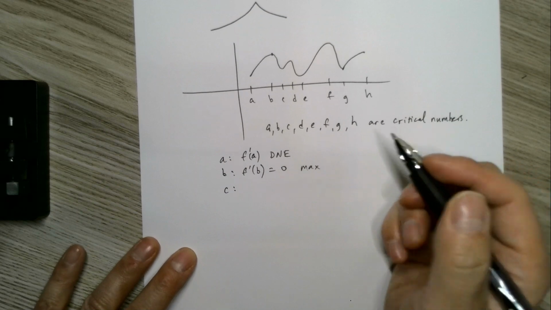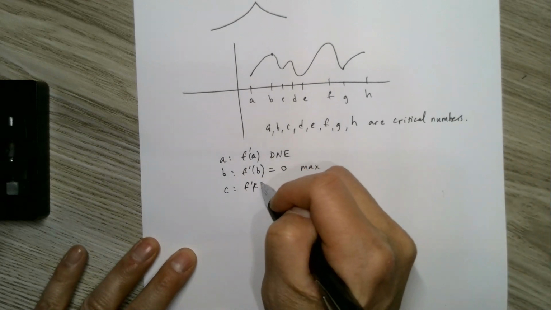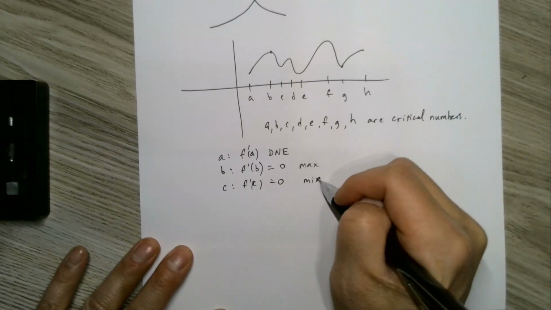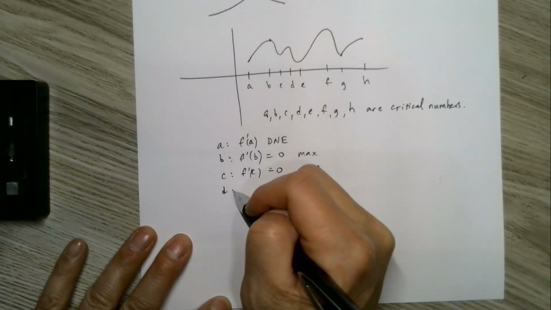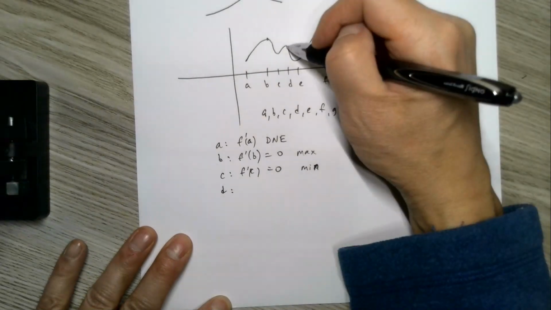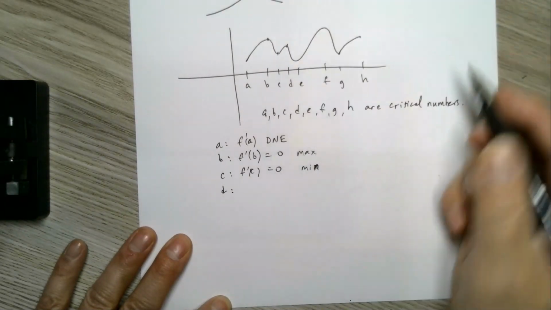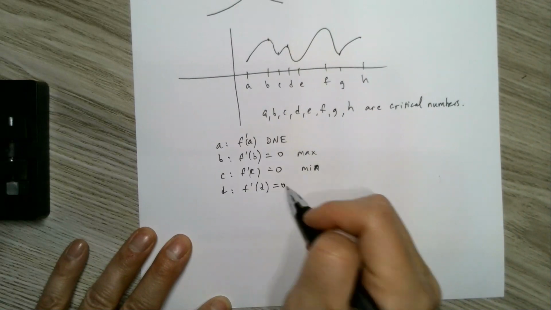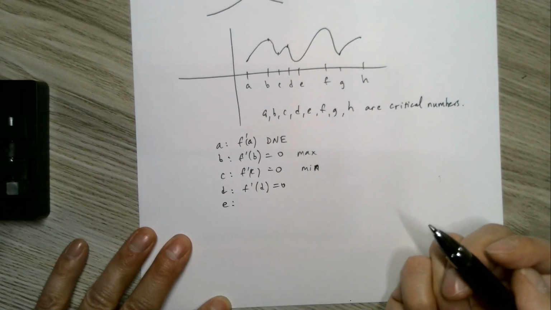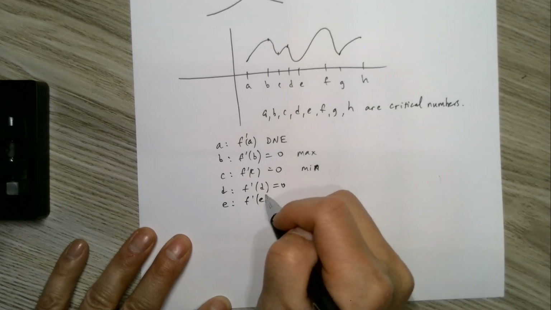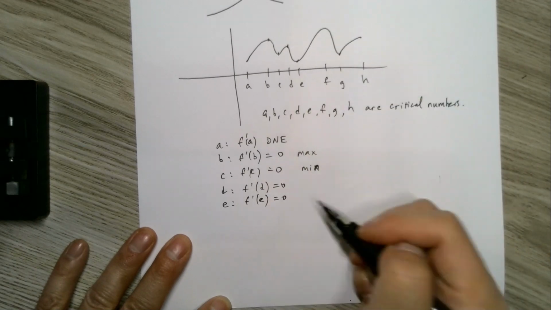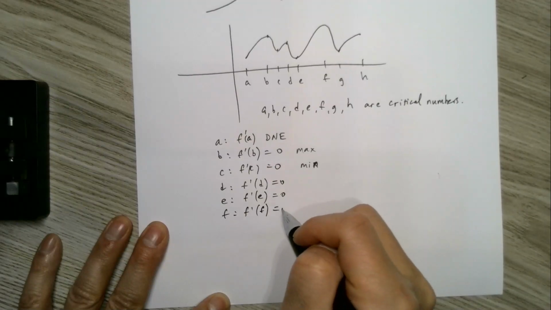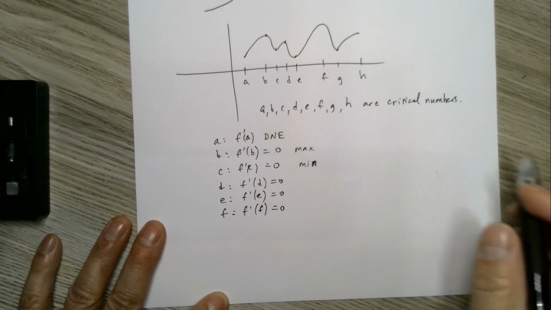At C, the slope is 0. That's a min. At D, that's supposed to correspond to that one. C is here. Slope is 0. At E, slope is 0. At F, slope is 0.